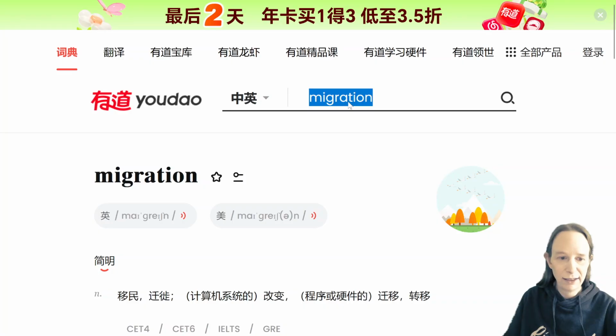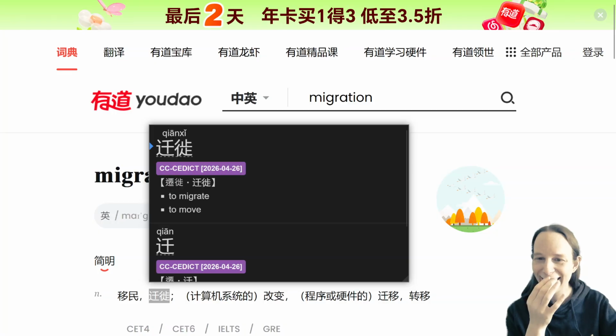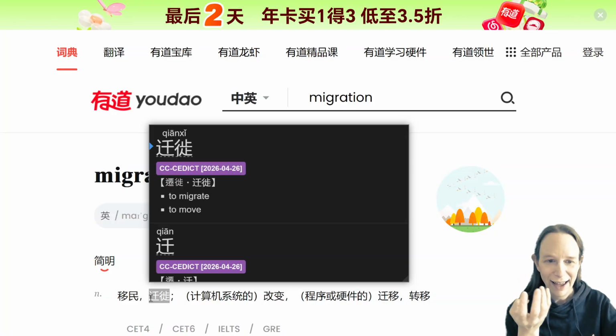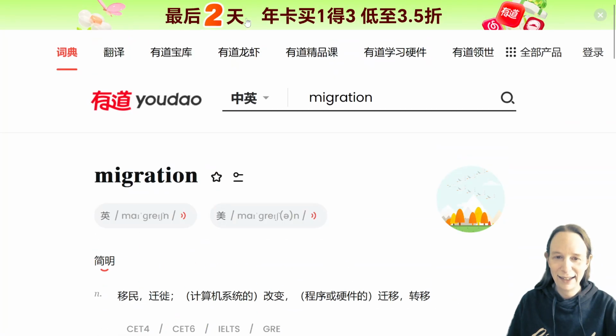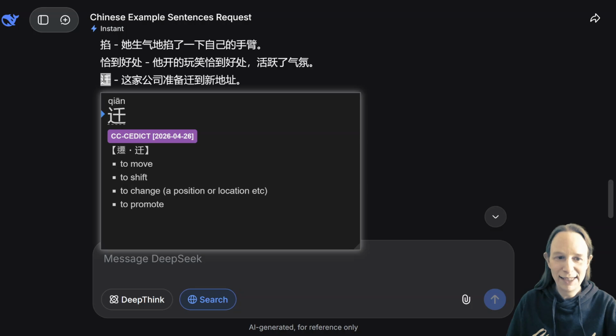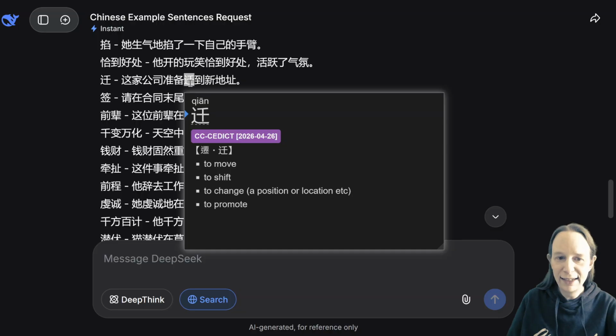Migration. 迁徙, migration. So those are the words, but 迁 means changed. 这家公司准备迁到新地址. So this is to permanently move to a new location. 迁, yeah.